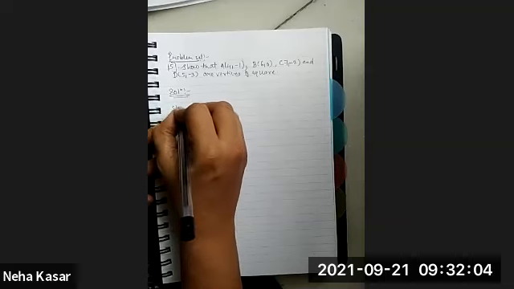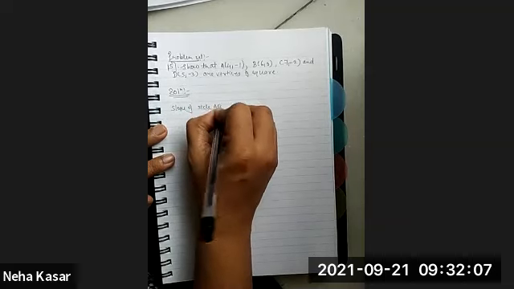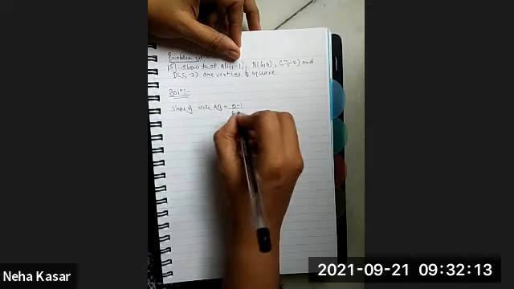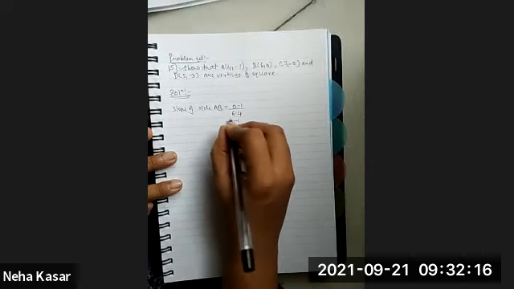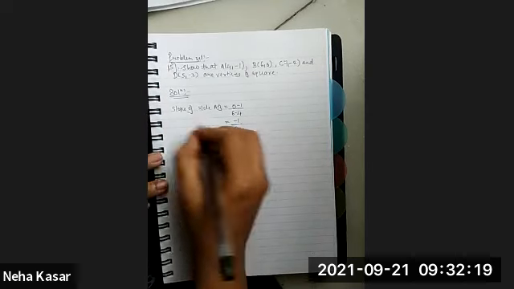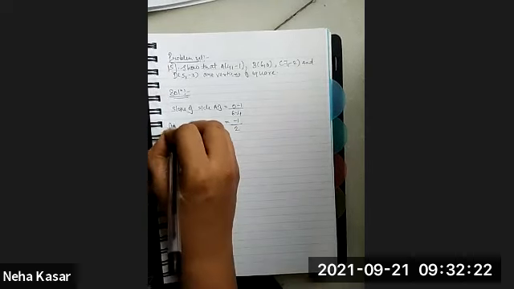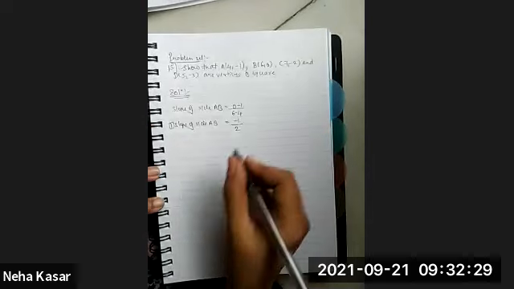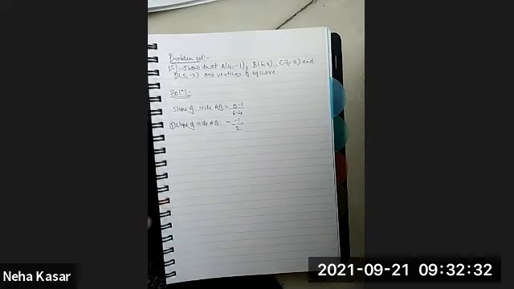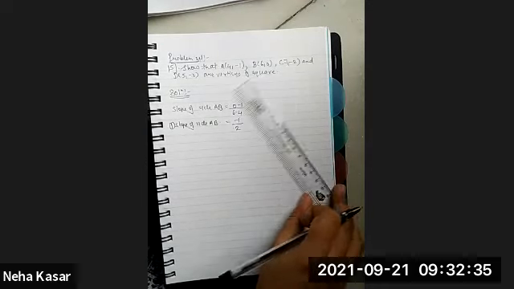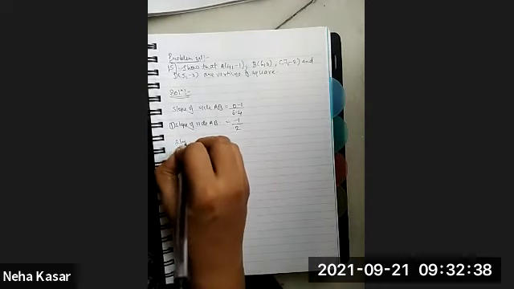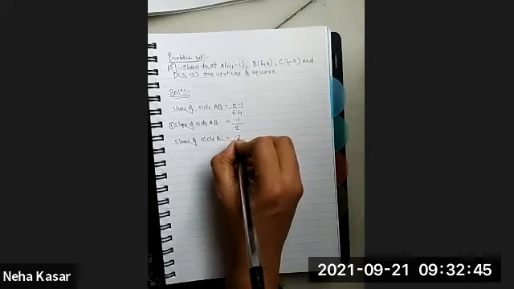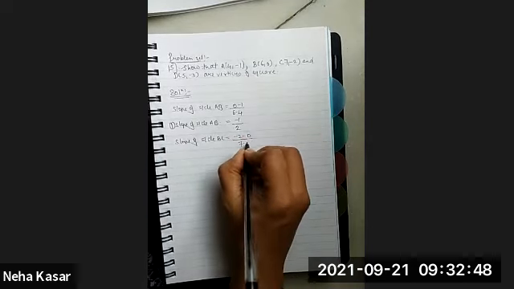So slope of side AB will be 0 minus 1 upon 6 minus 4, so that will be minus 1 upon 2. Let this be 1. This is the slope of BC.